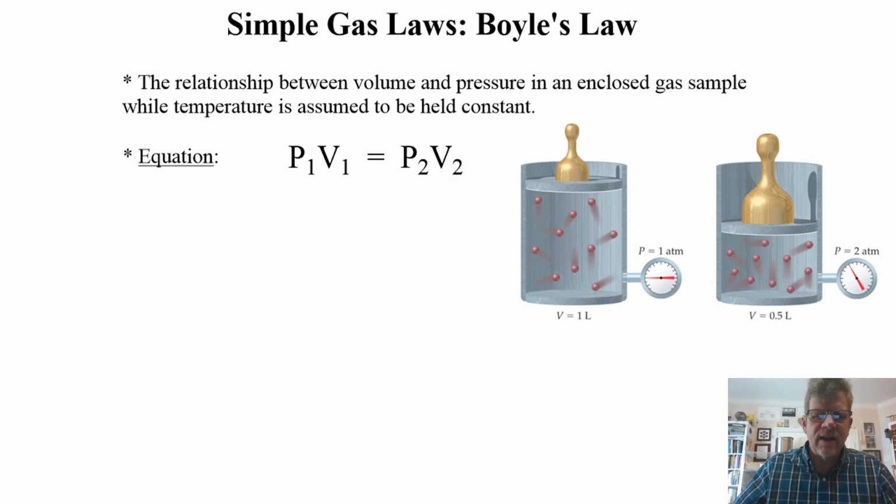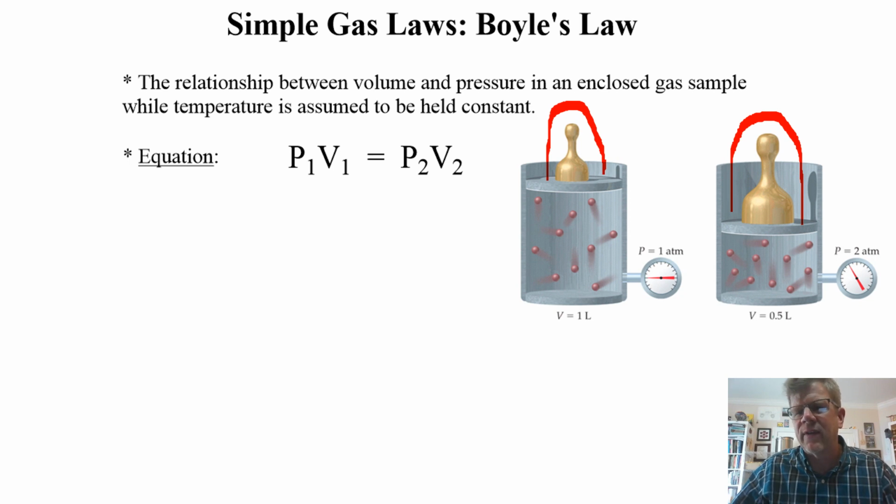As we can see in here, we have this cylinder set up with a sample of gas inside, and whether that piston goes up or down, the gas sample stays within there. It does not escape. Here we have this piston, and we have a pressure gauge sort of welded into the side of our piston, and we can put weights or masses of varying size on top of that piston. Obviously, a heavier mass on that is going to compress that gas more, and a lighter one is not going to compress the gas sample as much.